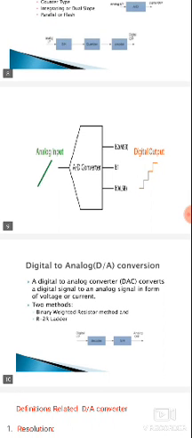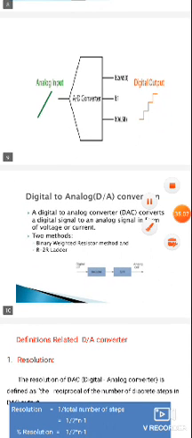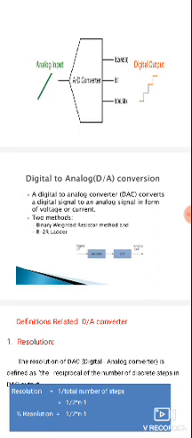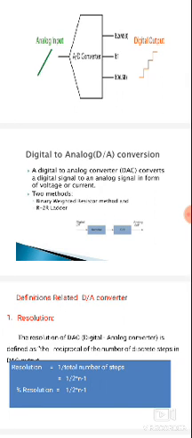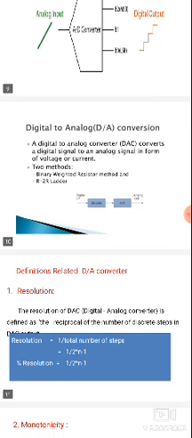The digital output is the binary values B0, B1, B2, starting from the least significant bit to the most significant bit. The most significant bit has the highest priority. Binary values contain only zeros and ones.